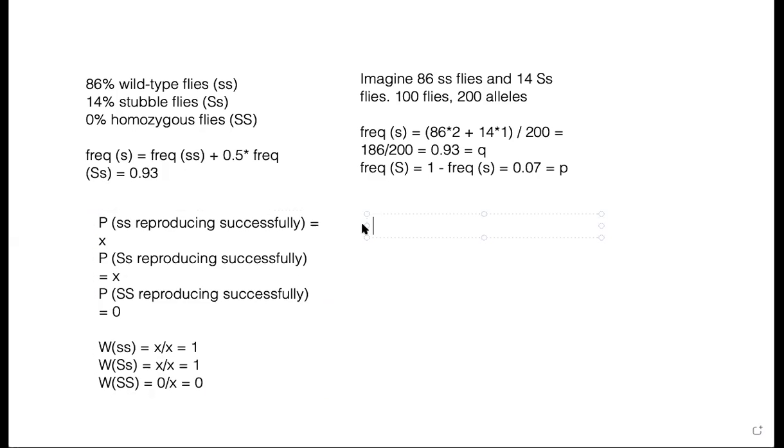And it goes a little something like this. Our equation here is p squared plus 2pq plus q squared equals W bar.